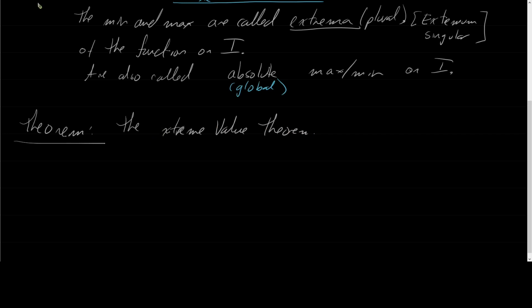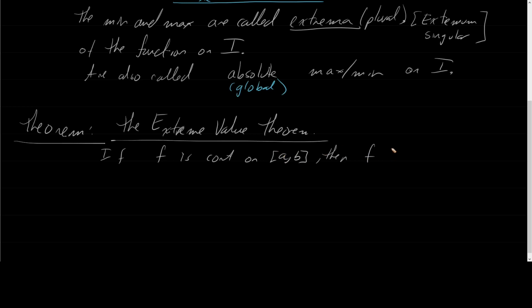And this is what the extreme value theorem says. If f is continuous on a closed interval [a, b], then f has both a minimum and a maximum on that interval.